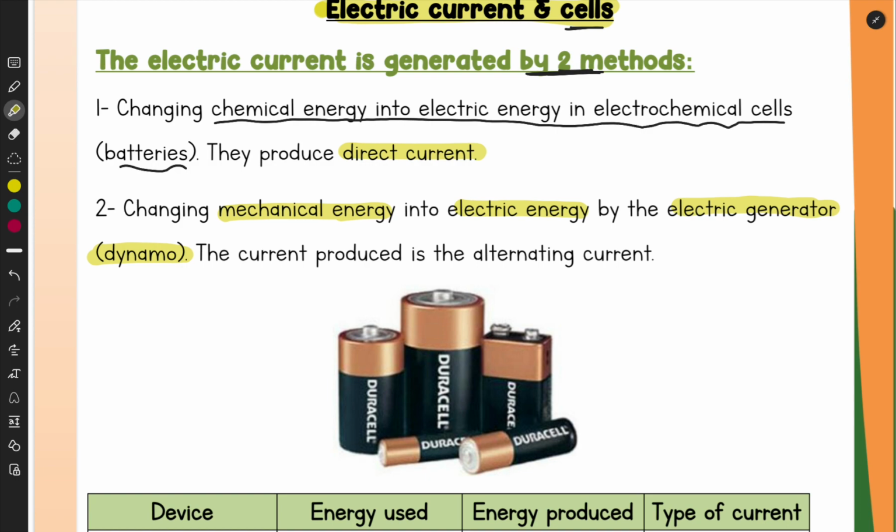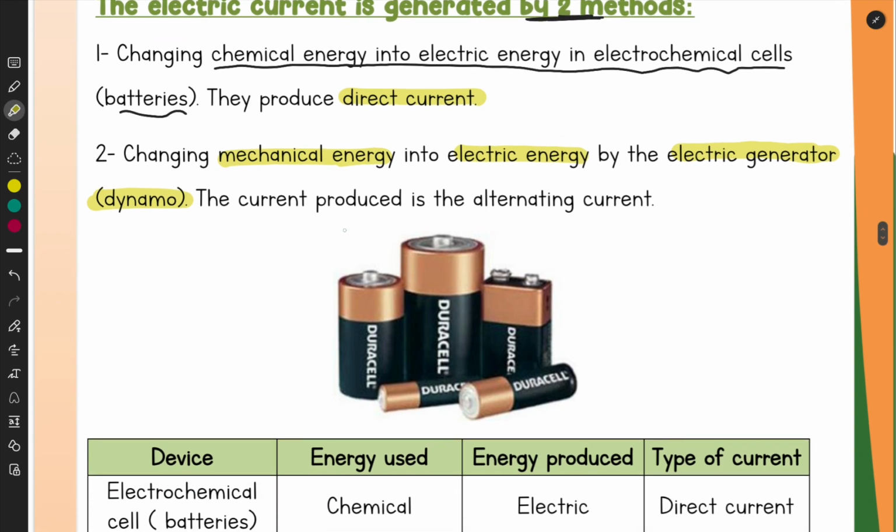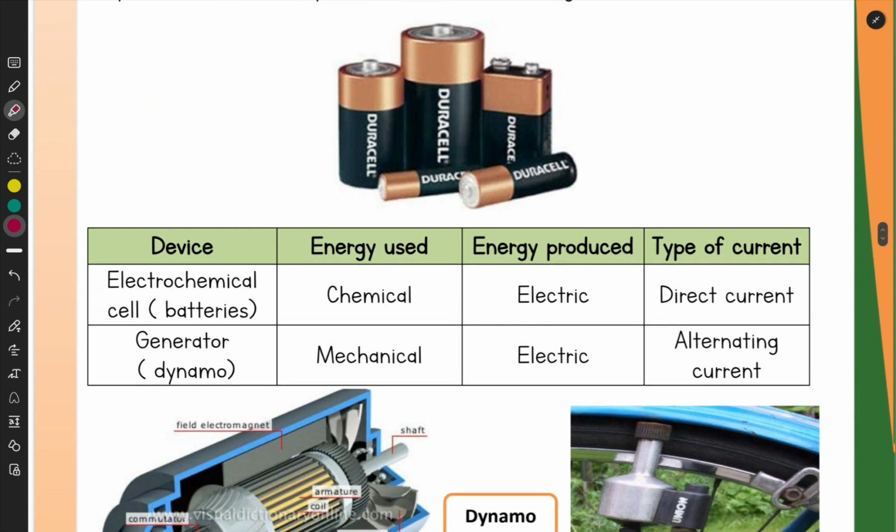The mechanical energy, by the way, is the kinetic energy or the moving energy, if you don't know this. The electric current produced is alternating current. And we will know the difference between direct current and alternating current in the next lessons, inshallah.